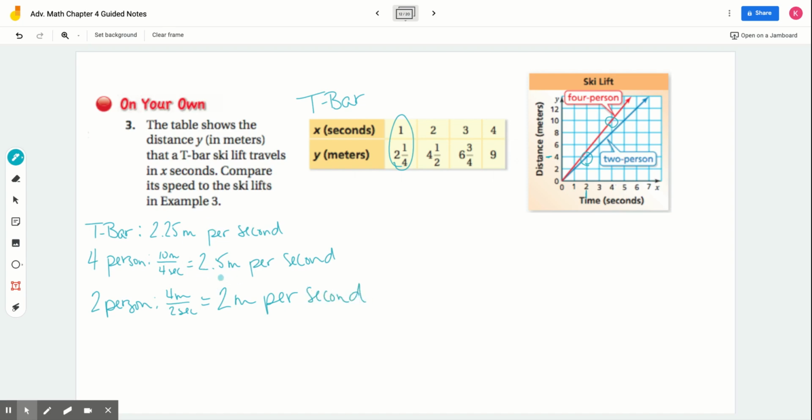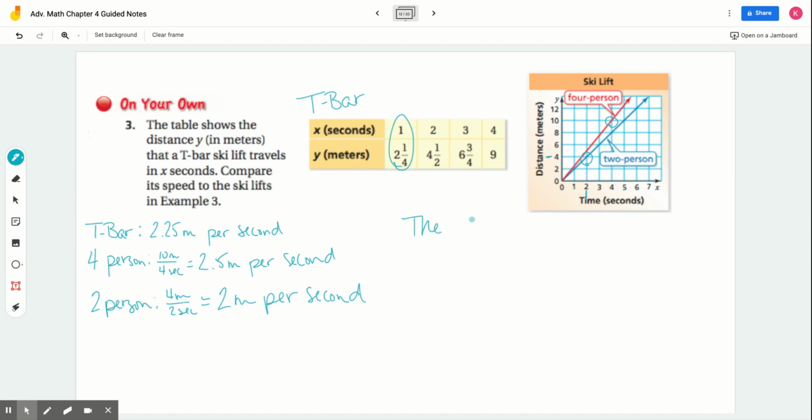We know what they all are. How can we compare them? The T-bar moves 2.25 meters per second, which is slower than the 4-person lift because 2.5 meters would be faster. It's going further in the same amount of time, but faster than the 2-person lift.